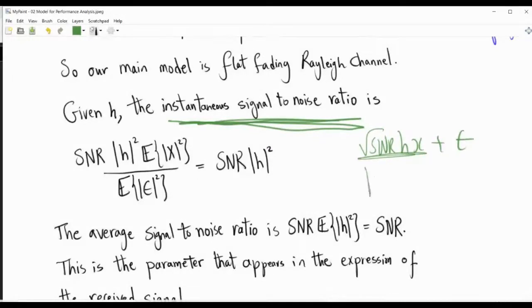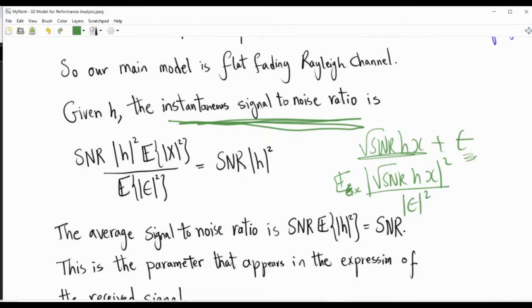You take the signal component's magnitude squared, then the noise component's magnitude squared, and then you apply expectation. To what random variables? We have three random variables, H, X, and epsilon. For the instantaneous signal to noise ratio, we take expectation over X and epsilon.